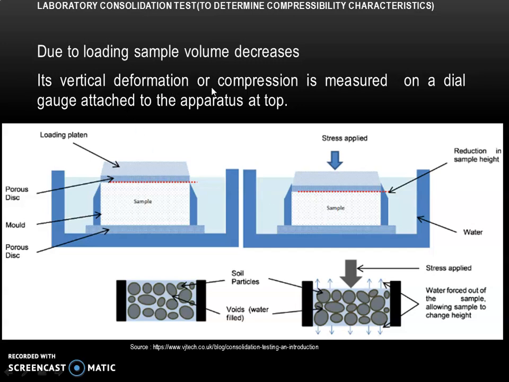The vertical deformation or compression is measured using a dial gauge which will be attached at the top. Before application of load, there will be water present in the voids, and when the stress is applied, the water flows out through the voids, due to which there will be reduction in height of the soil sample.